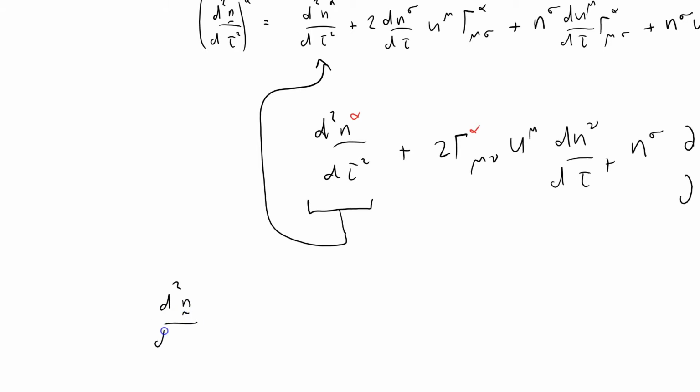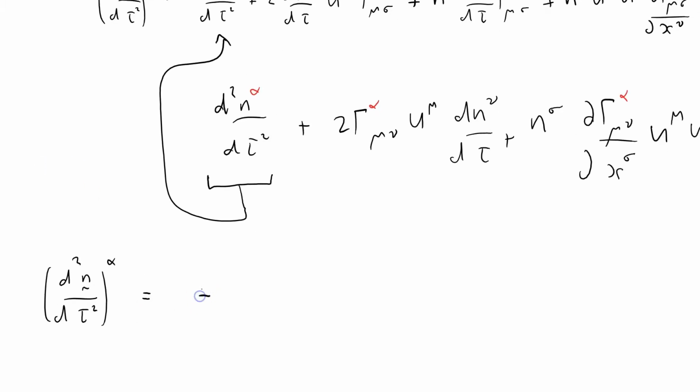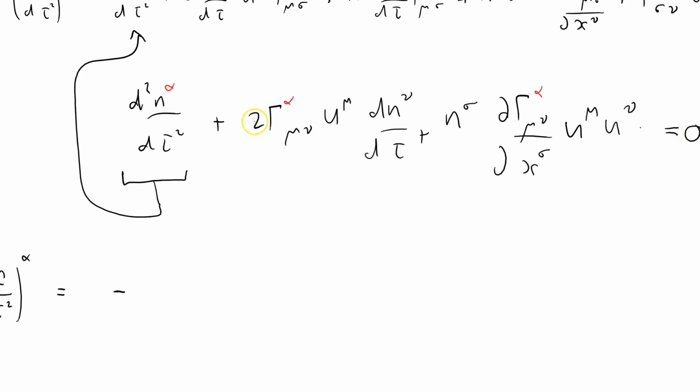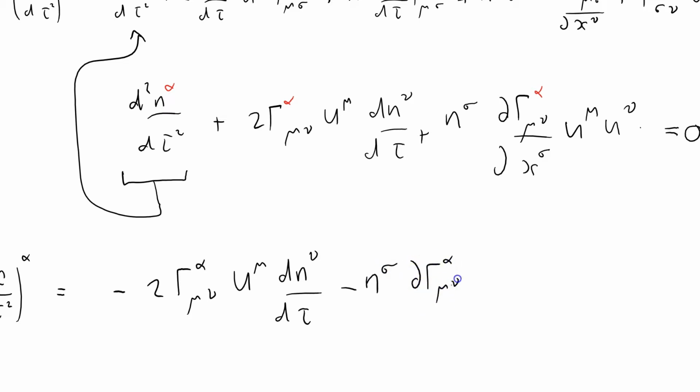d2n vector by d tau squared, alpha component, equals minus, because this thing equals 0 and so that's gone to the other side, 2 Christoffel alpha mu nu u, which is the four-velocity of your particle, mu dn nu by d tau, minus n sigma ∂Christoffel mu nu by ∂x sigma, copying from here, u mu u nu.